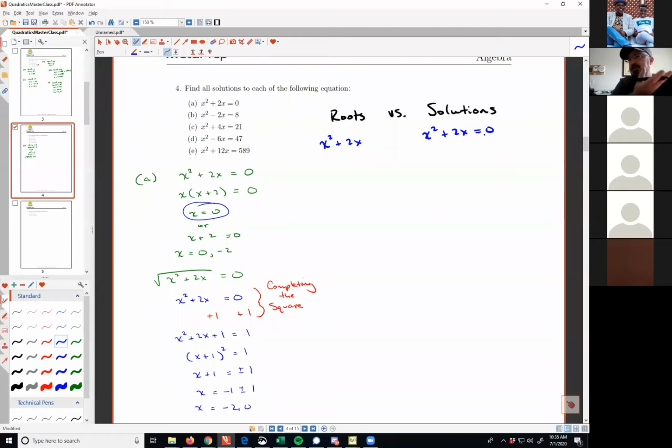So that's the difference between those words. And you hear people use them almost interchangeably, but they're not really perfectly interchangeable. They just refer to different situations. Am I looking at an expression like a quadratic polynomial, or am I looking at an equation? We find solutions to an equation, we find roots to a polynomial.